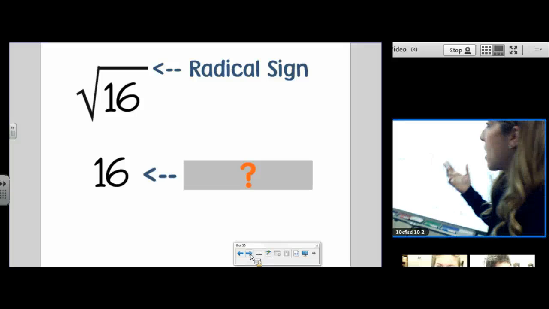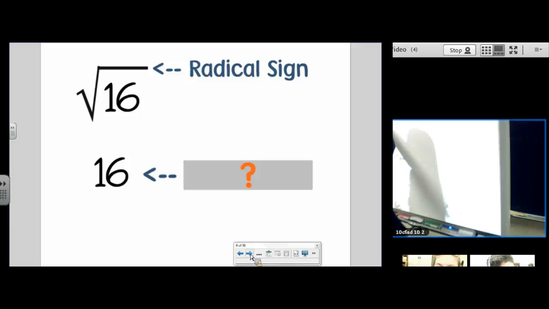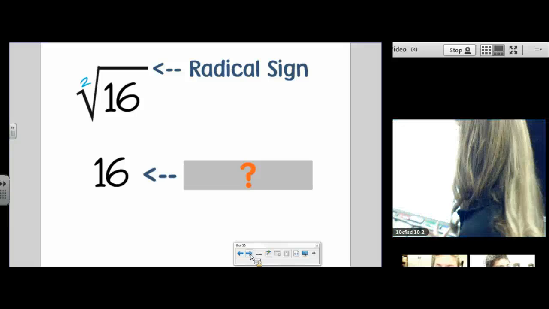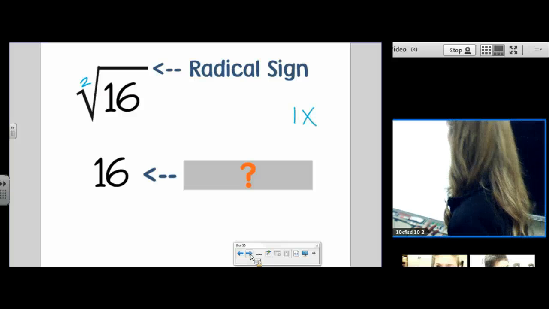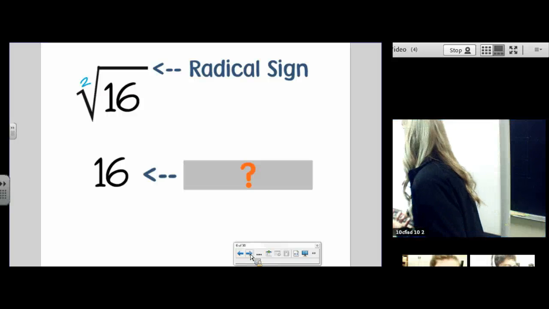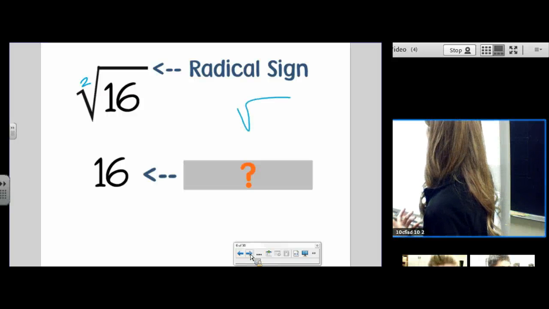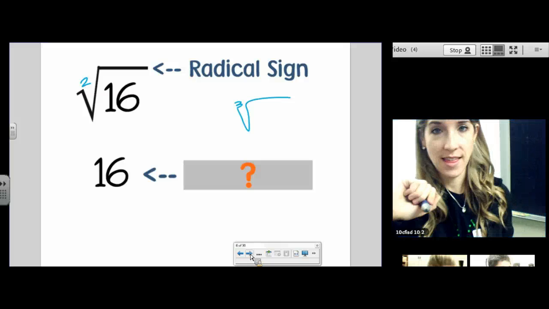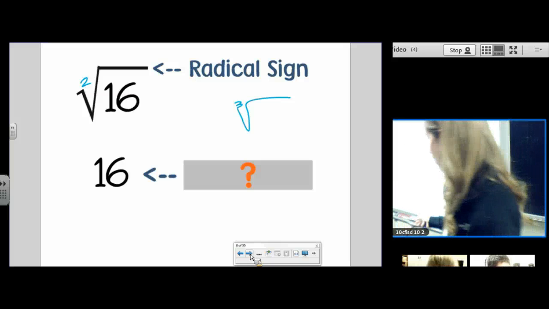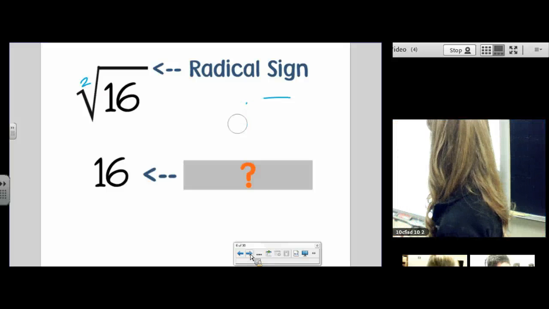So if there's no number there, there's always a 2 understood. Kind of like a 1 is always understood in front of x, there's always a 1. Well, in a square root, there's always a 2 understood. If someone wants it to be a cube root instead, they would put a little 3 there. But if they don't put any number at all, you assume that it's a square root and not a different one. So that's a radical sign.